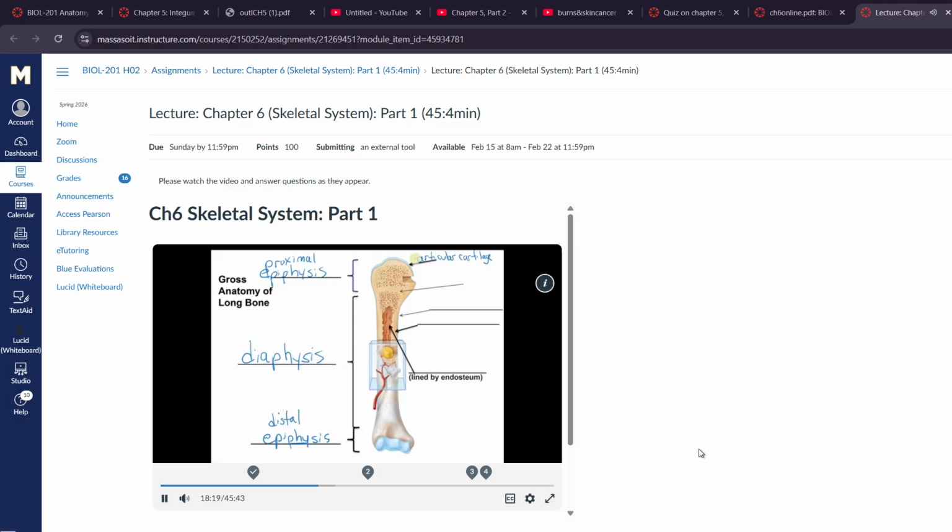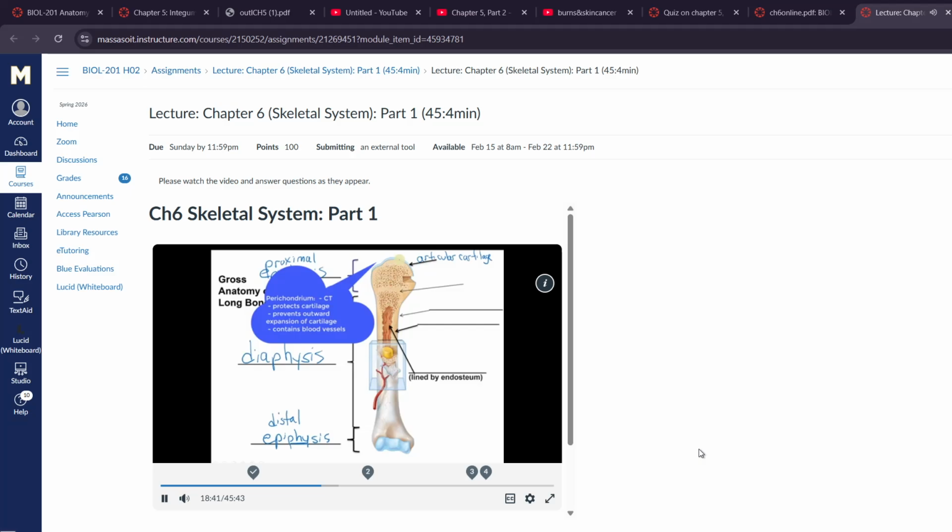Perichondrium is a connective tissue which protects the cartilage and prevents it from expanding too much outward. It also contains blood vessels. So remember, cartilage is avascular, and the perichondrium brings nutrients and oxygen to the articular cartilage through its own blood vessels.